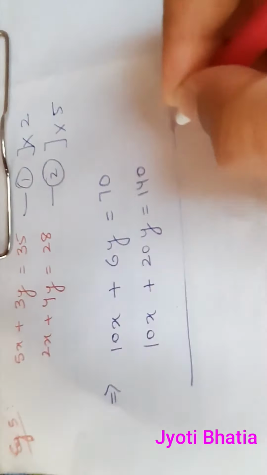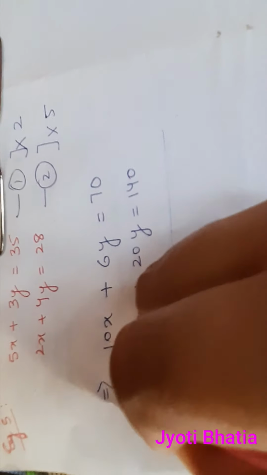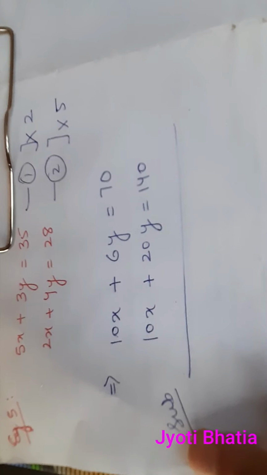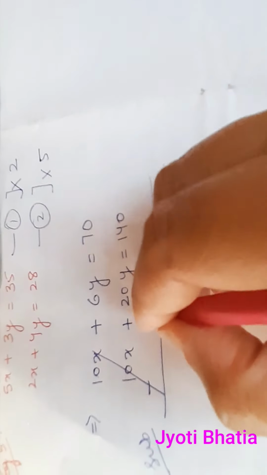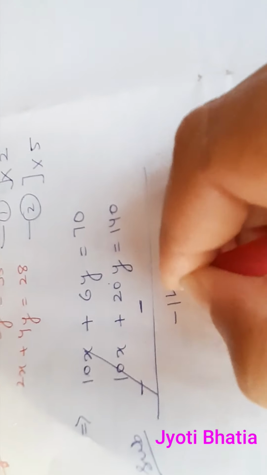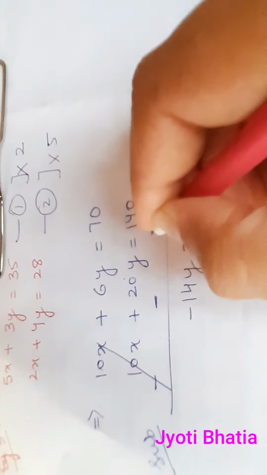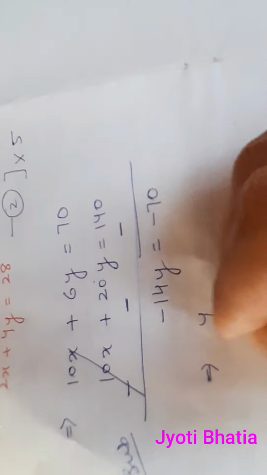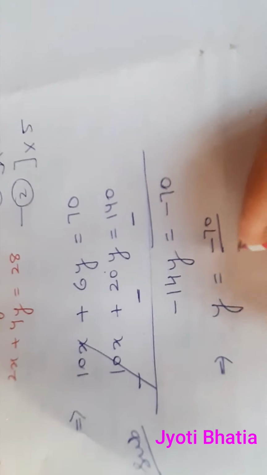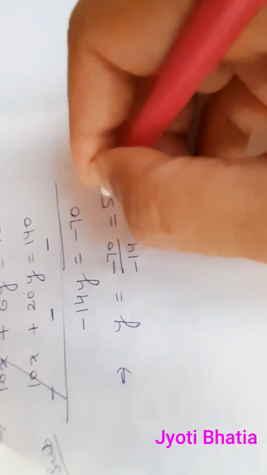Right beta? Same sign, so we need to subtract here. Please do mention whether you are subtracting or adding. Change of sign, cancel. So 6 minus 20 is minus 14y. 70 minus 140 will be minus 70. Solving it, you will get minus 70 upon minus 14, which gives you 5.